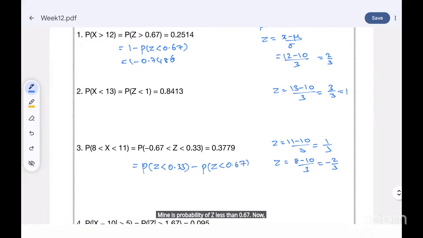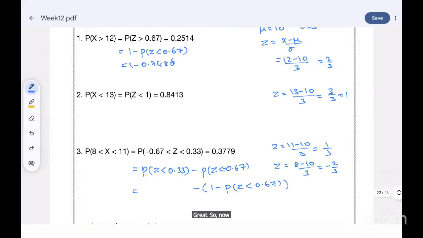Now, everyone try the correct replacement for Z less than minus 0.67. You should replace it with 1 minus probability of Z less than 0.67. Correct. Now what is 0.33?